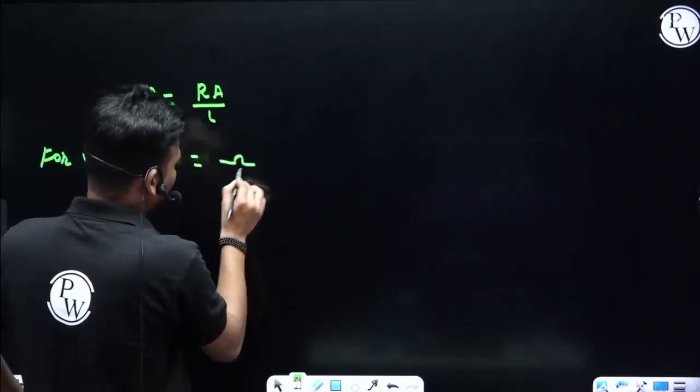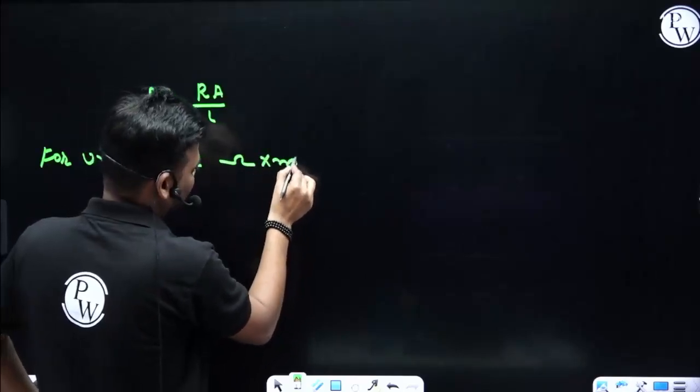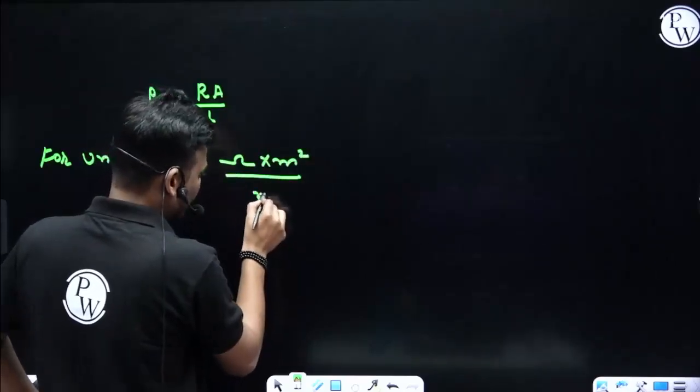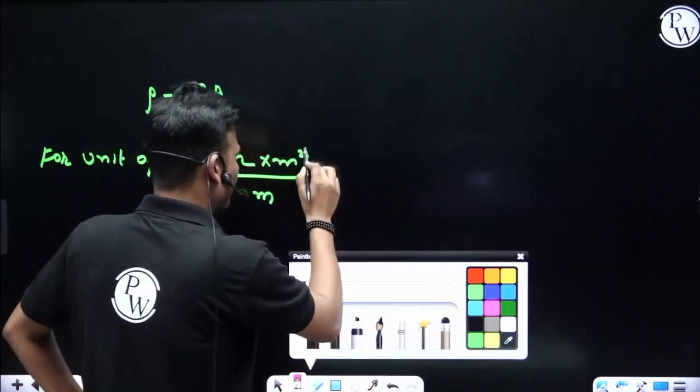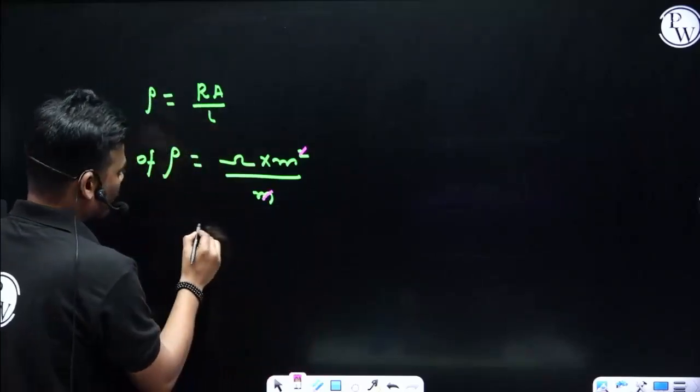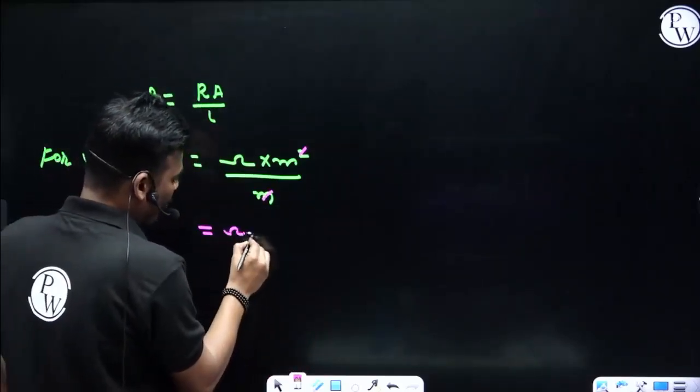That is ohm. The unit of area is meter square, and the unit of length is meter. Here a meter gets cancelled. So the unit of resistivity is the ohm meter.